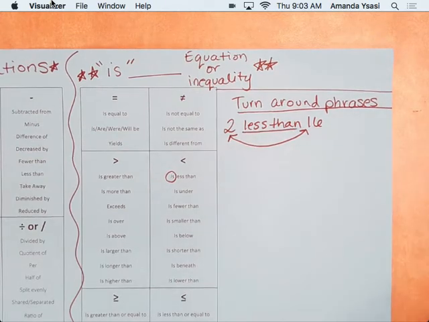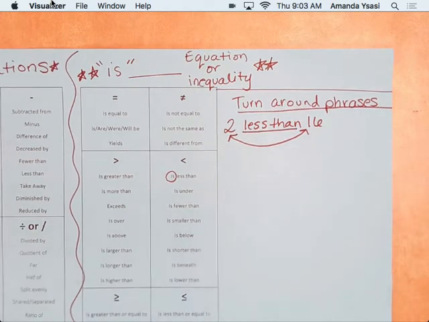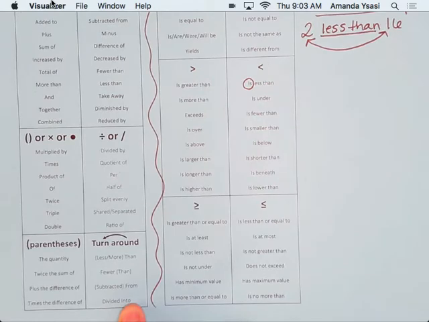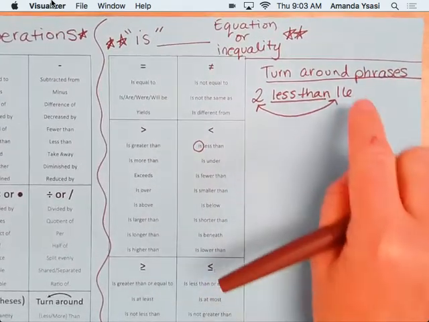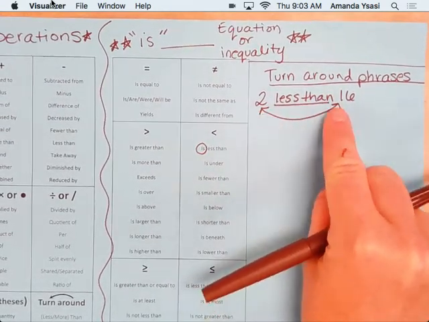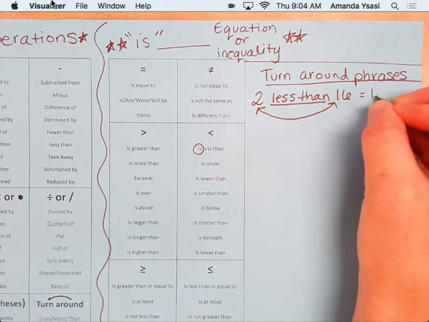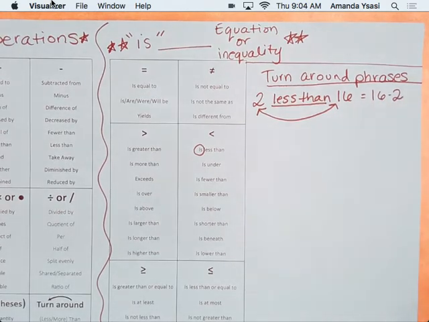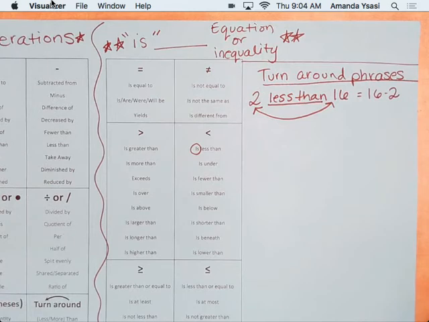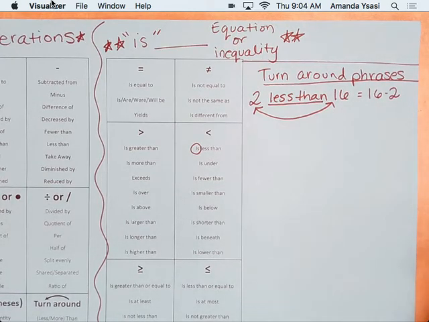Less than is your turnaround phrase, and it's listed over here. If I say 2 less than 16, that means 16 minus 2. Because less than 16 means you have 16, and then you take 2 away from it.